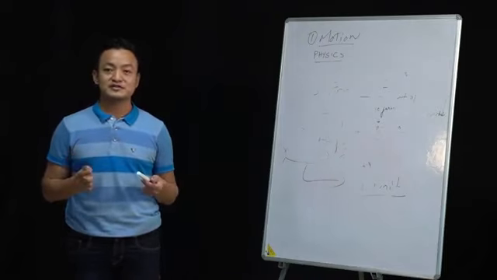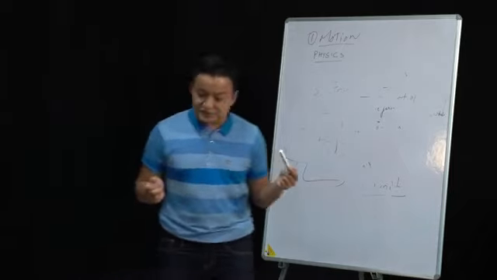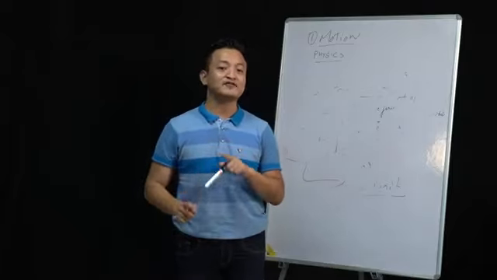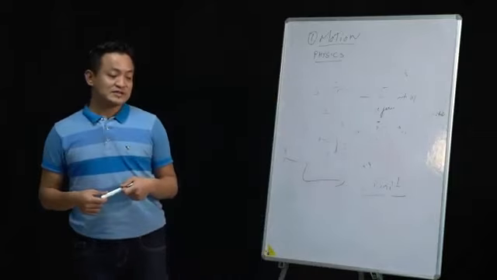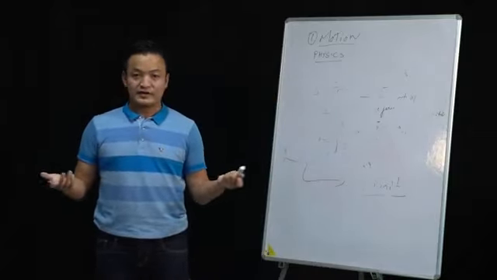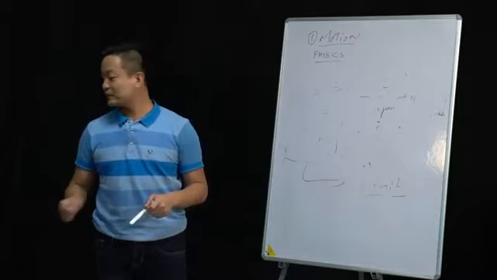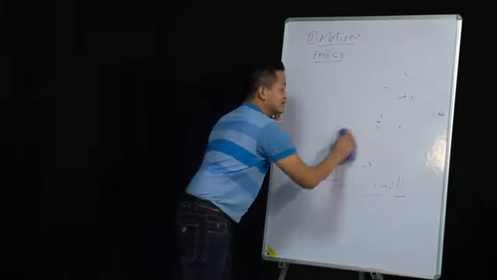So I'm not in motion. Clear? But now, I have changed my position from over here till here. So with respect to time, I have shown some change in my position. Clear? So that means I'm in motion since I have changed my position with respect to time. Clear?